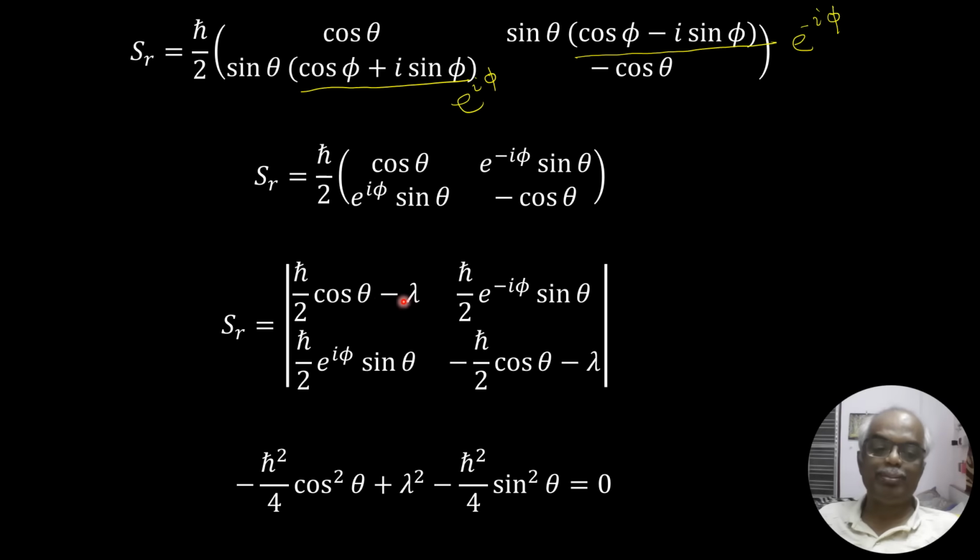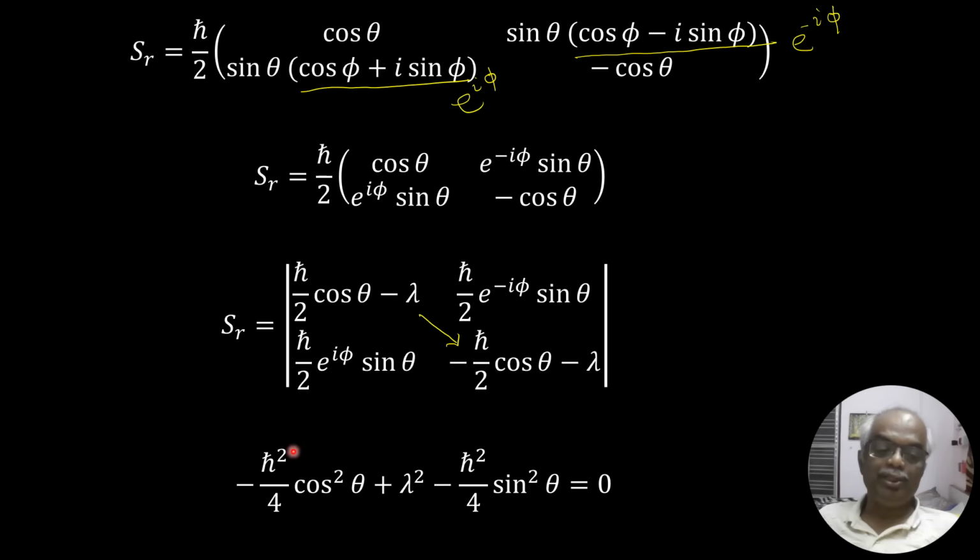Then you subtract the diagonal element by the value λ. λ is the eigenvalue. Similarly, the off-diagonal elements are ħ/2 e^(-iφ) sin θ and ħ/2 e^(+iφ) sin θ. And since this is the diagonal element, you get -ħ/2 cos θ minus λ, because it's a characteristic matrix. Now multiply this and this.